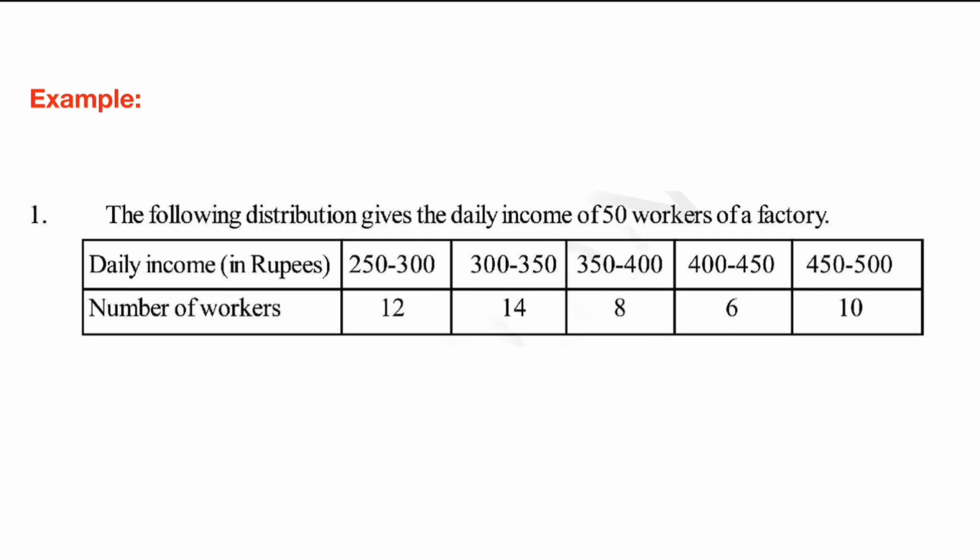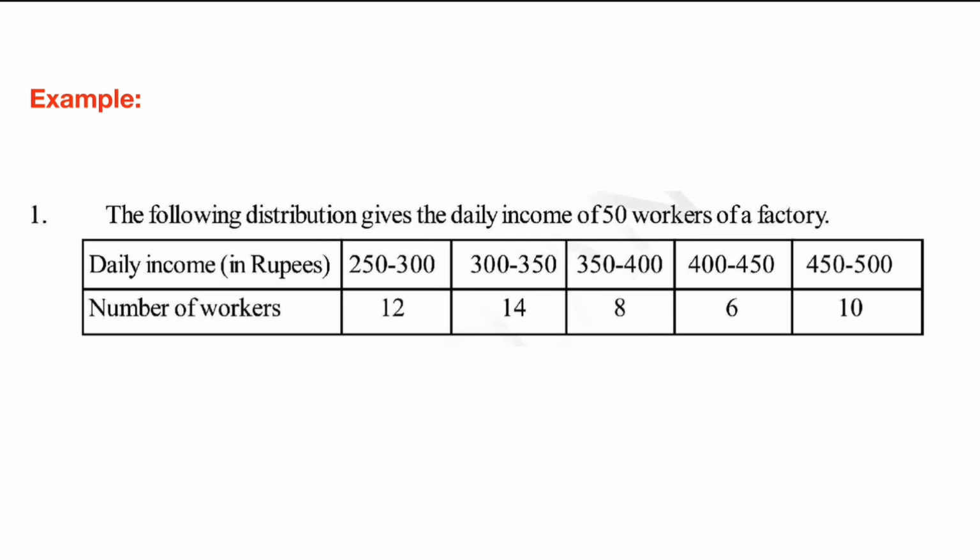To represent this grouped frequency distribution graphically as a cumulative frequency distribution, first we have to prepare the cumulative frequency distribution, that is, less than cumulative frequency distribution and more than cumulative frequency distribution.